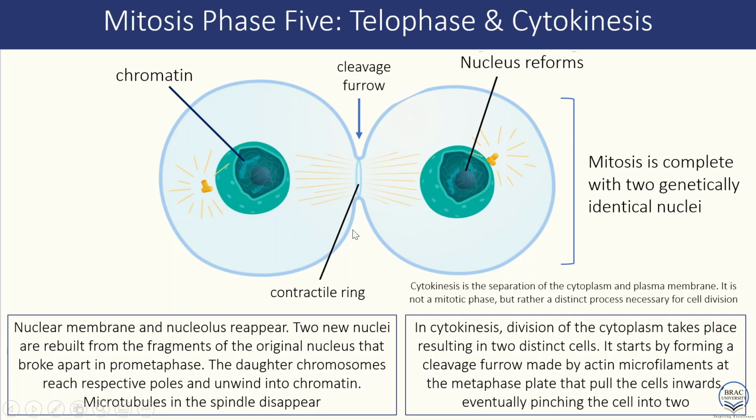That means pinching, cutting off the cell in the middle. So those are mainly the characteristic features of the telophase. And cytokinesis is that at the end the cytoplasm is separated. So that is in a nutshell the 5 stages of mitosis, resulting in two identical daughter cells.